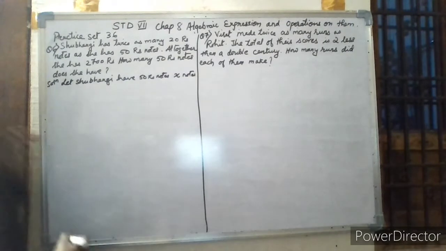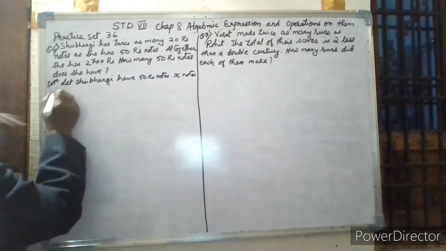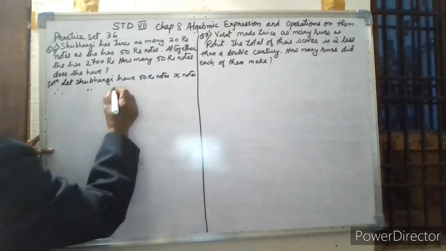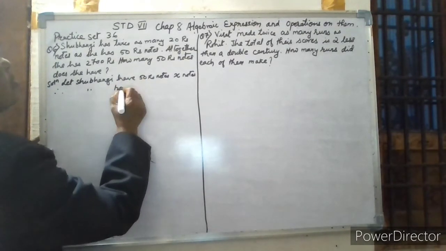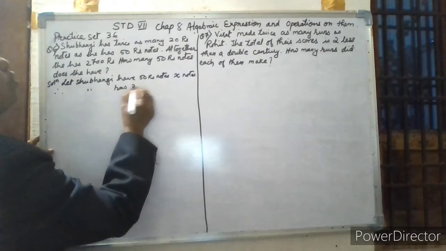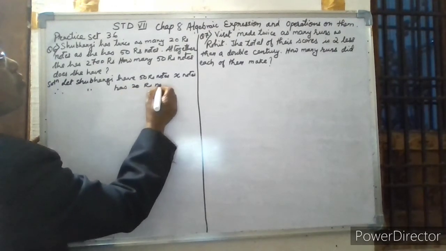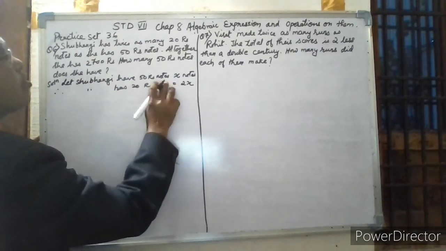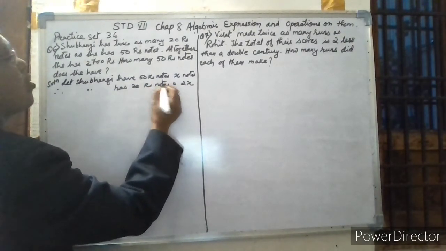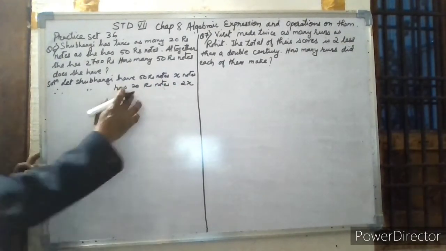Then therefore Shubhangi has 20 rupees notes equal to 2x. Means she is having double the 20 rupees notes.